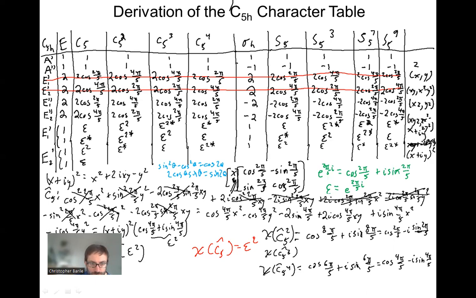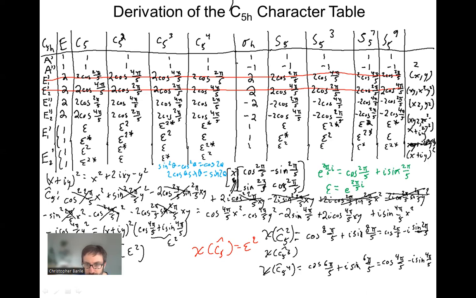So we worked through that math in a previous portion of the video. So we just copy that over. This one, something plus the complex conjugate of epsilon equals 2 cosine 2 pi over 5. We have that here with this relationship. So that's just epsilon. This is going to be the complex conjugate of epsilon. Here, we have a similar thing where we're equaling 2 cosine 4 pi over 5. That's going to be epsilon squared.